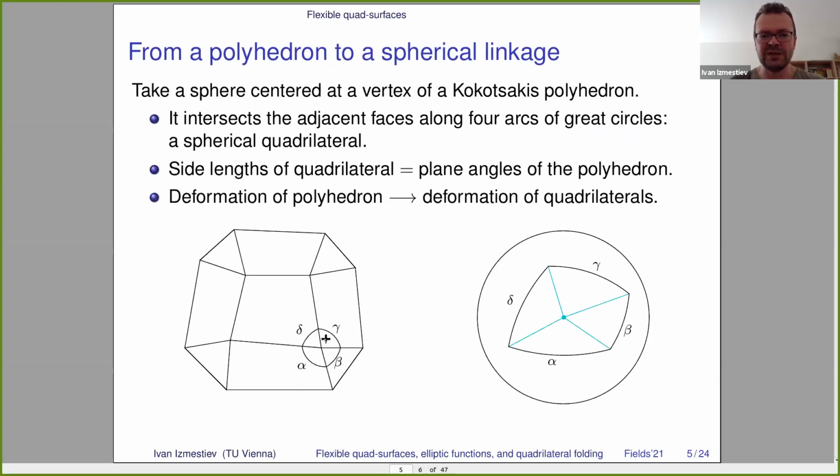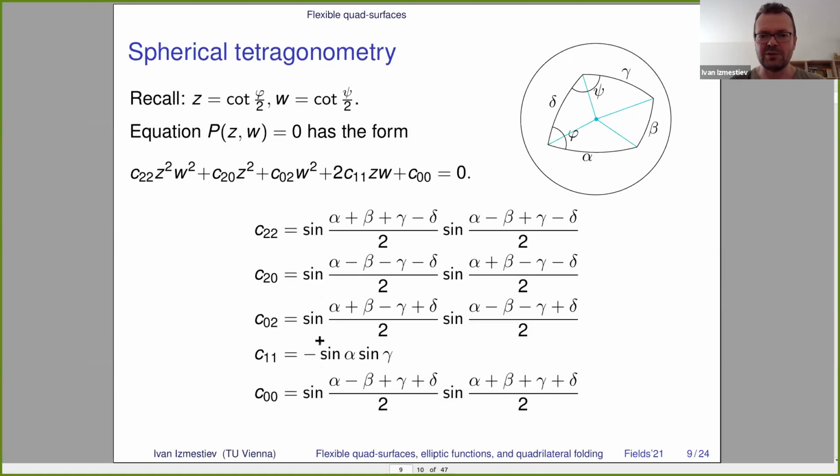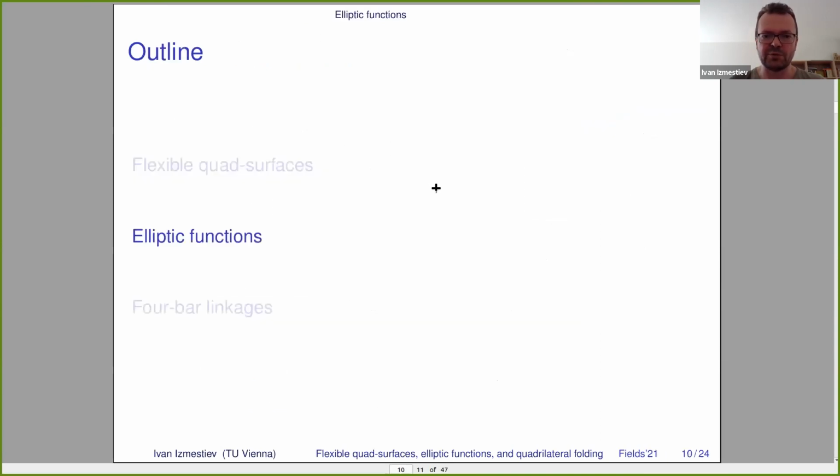If their sum is equal to 2 pi, then this vertex can be flattened in the plane, and the term C0 vanishes, right? But I'm now more interested in the most generic case, where there are no dependencies between alpha, beta, gamma, delta. So we have an equation of degree 4 like this. And in total, we have a system of 4 equations like that.